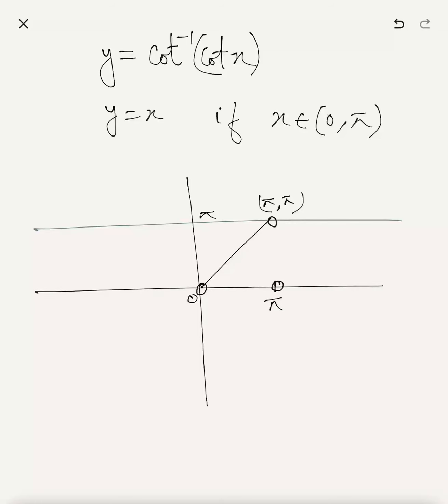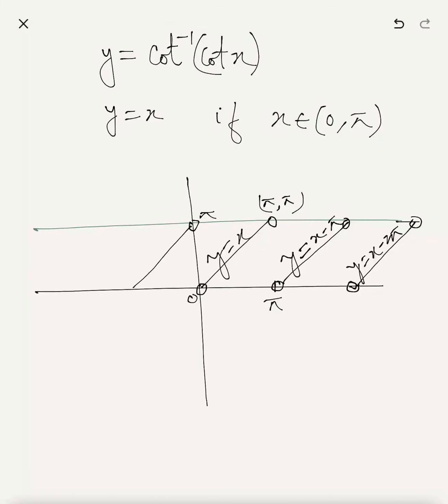Again from pi you will be drawing a line like this, and this equation will be y equals x minus pi. The equation is the same for tan and cot. Now draw it from here. Your equation is y equals x minus 2 pi. Here y equals x.